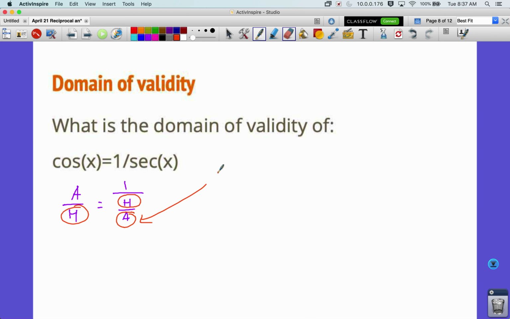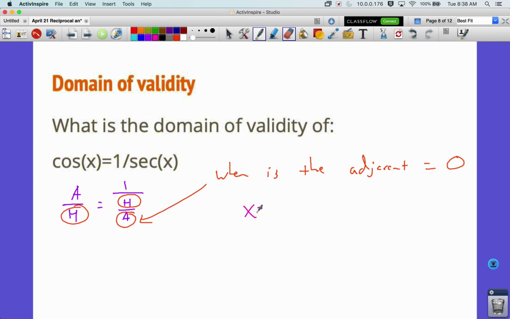So when is the adjacent equal to 0? Because if the adjacent is equal to 0, this relationship will stop being true, because I'll have 1 divided by 0 over here. It'll be undefined. So I'll have 0 equals undefined. That's not a true statement. So for this identity to be true, we need to exclude some x values that cause secant of x to be undefined. So when is the adjacent equal to 0?